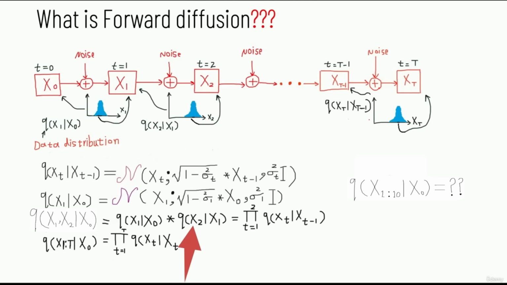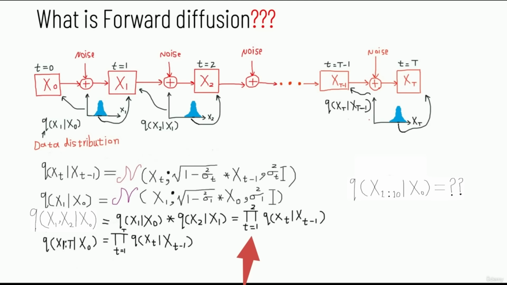This is forward diffusion. So now, forward diffusion means finding the joint distribution for all the variables from x1 to capital xT given x0. Or in other words, in forward diffusion, we are trying to find the distribution that will give us all possible sequences from x1 to capital xT given x0. And we can use this pi symbol to represent this multiplication process.